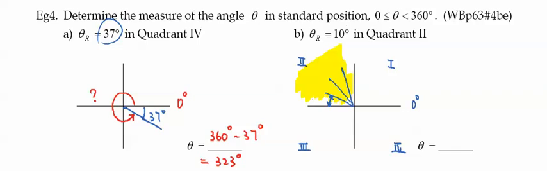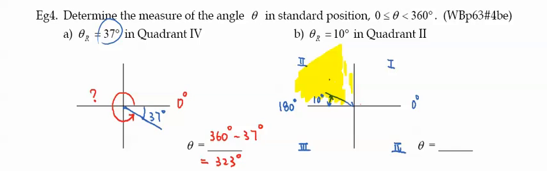This reference angle will be the angle between the terminal arm and the x-axis. So if you want a 10 degree for your reference angle, the terminal arm will be relatively close to the x-axis, or in another word, it will be relatively close to 180 degree.